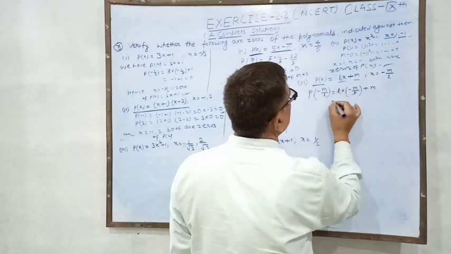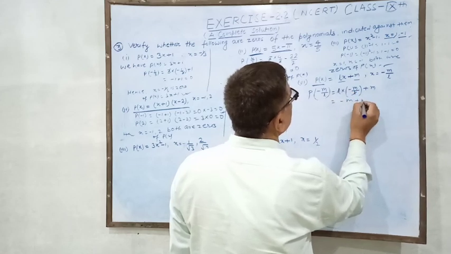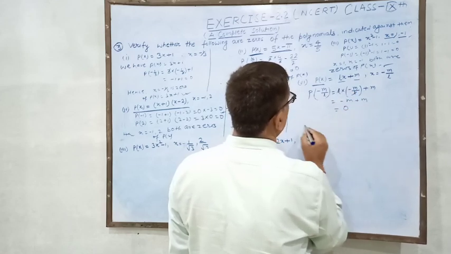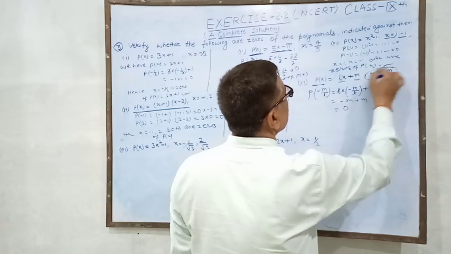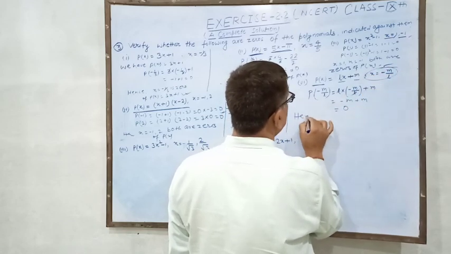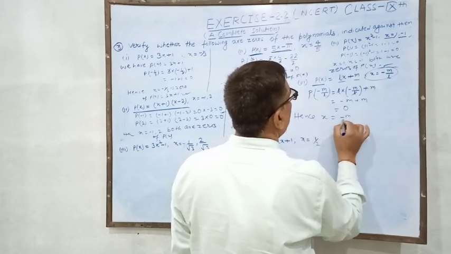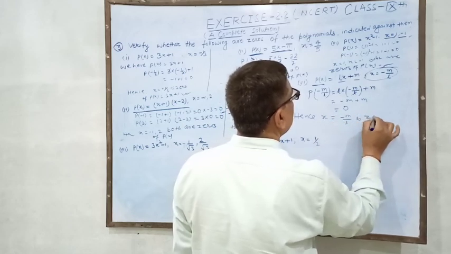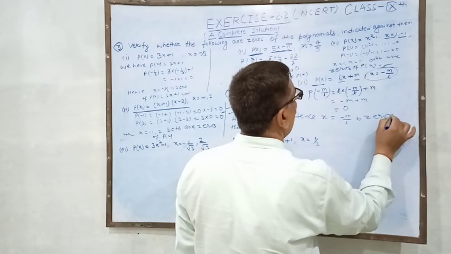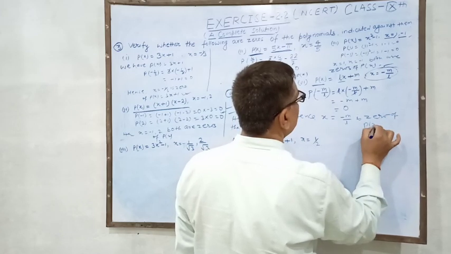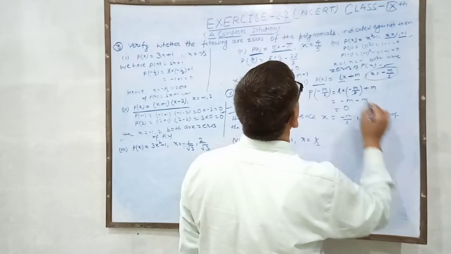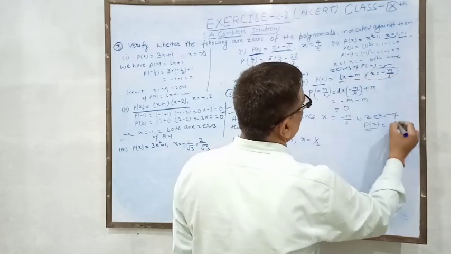After cancellation, this minus m plus m is equal to 0. That means this is the 0. Hence x equal to minus m by l is the 0 of p of x. The polynomial p of x is equal to lx plus m.